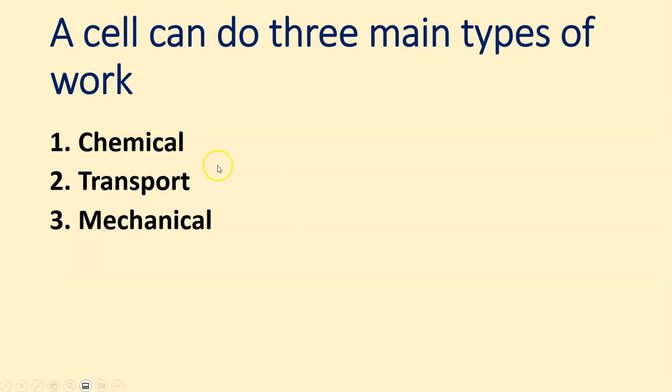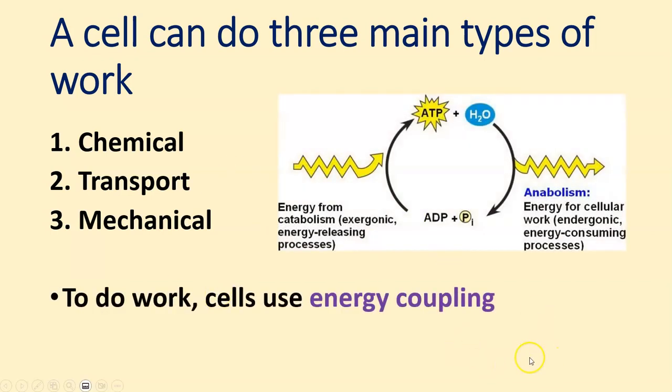So to do work, these 3 types of work, a cell uses energy coupling. There is a recycling of ATP and ADP in a cell. ATP, which is the molecule that holds the potential energy to do work, is broken down through hydrolysis.